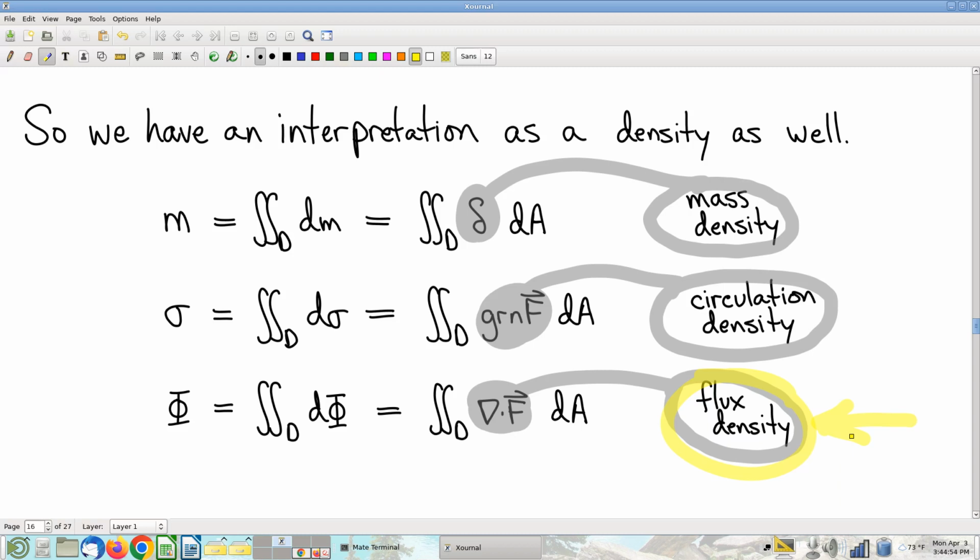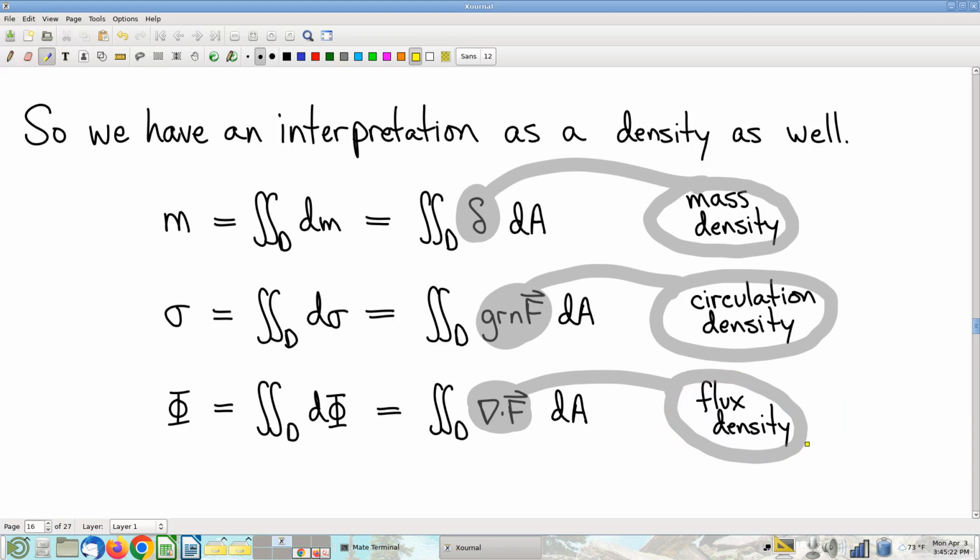And I love this terminology because it goes right to the point of why we're interested in divergence in the first place. It's because it is representing this accumulated quantity per unit area. Flux density says exactly what role divergence is playing here. It's absolutely beautiful terminology. Could not be better. Dig it.